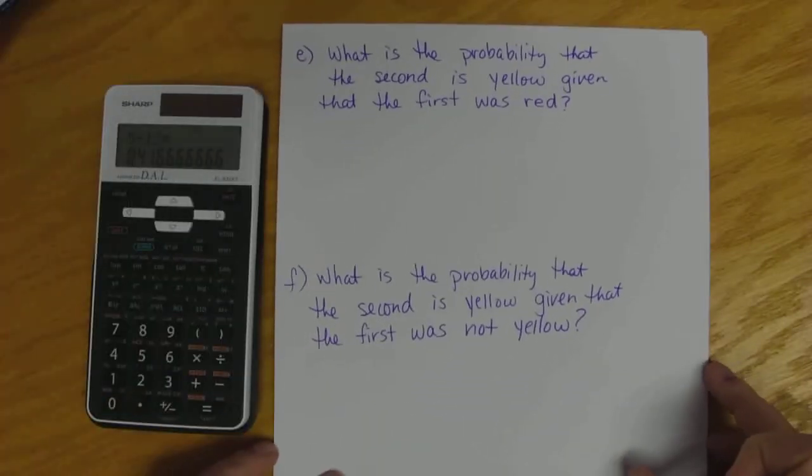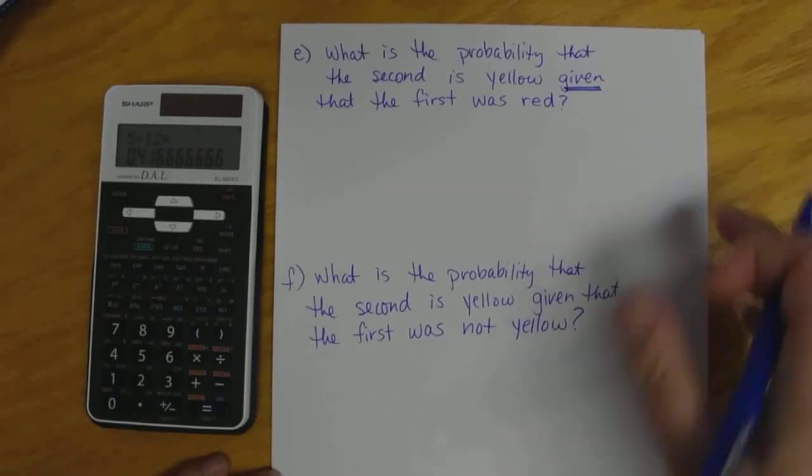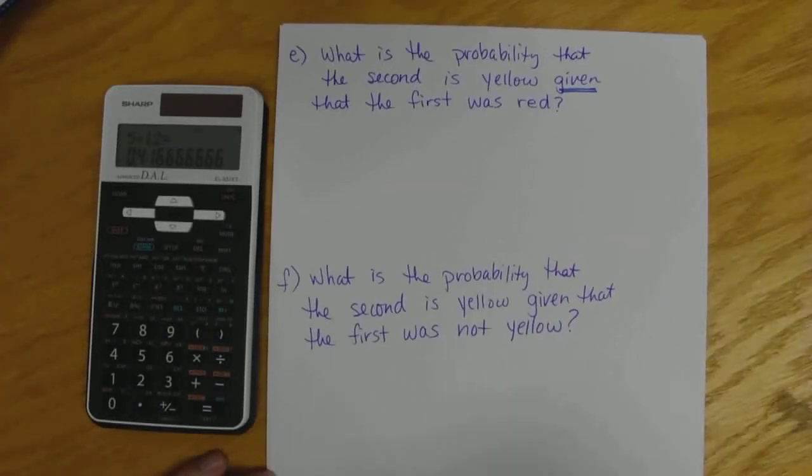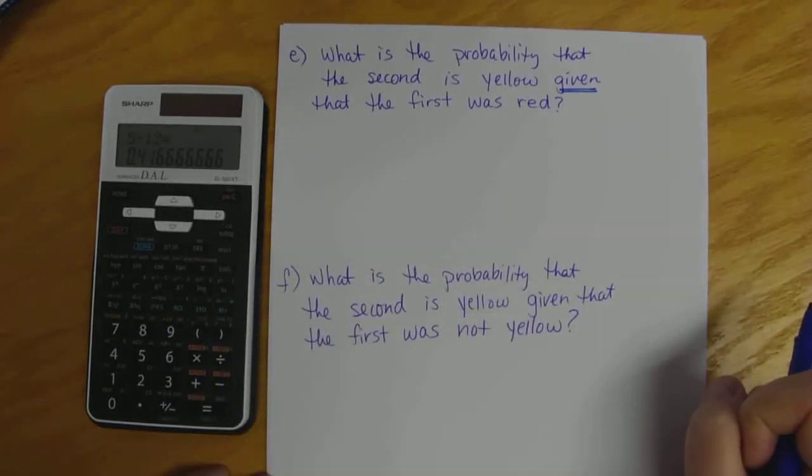What is the probability that the second is yellow given that the first is red? Okay, so we know that the first is red. And now we want the probability that the second is yellow. Okay, so how would we go about doing this? So we already know that a red is gone.